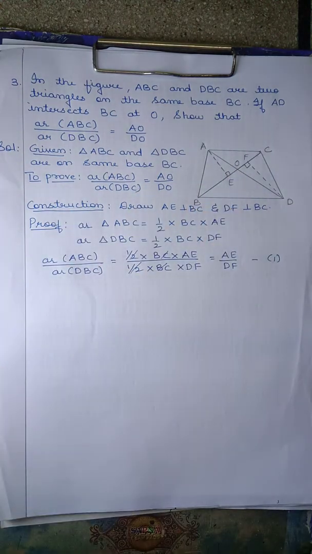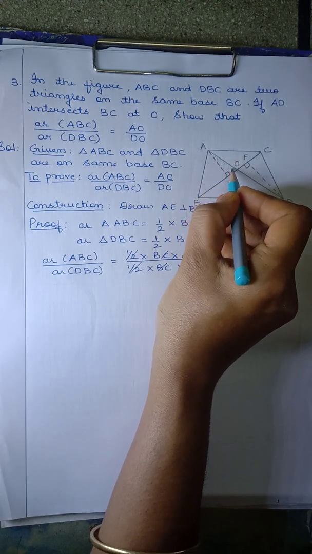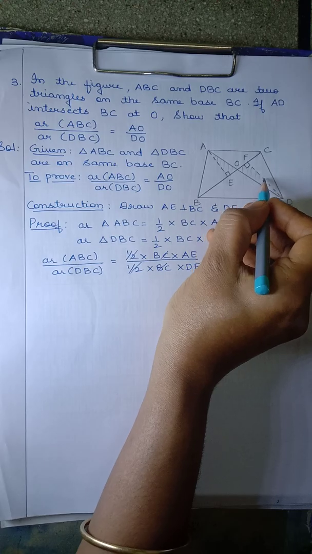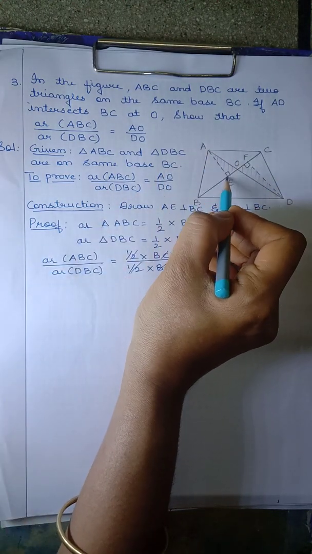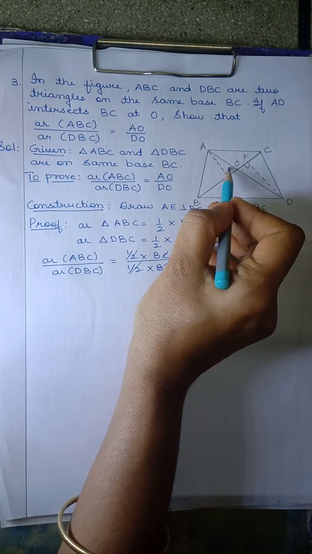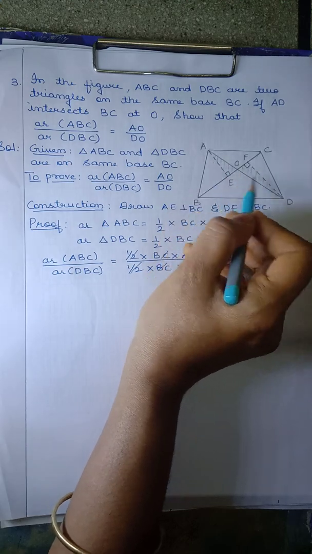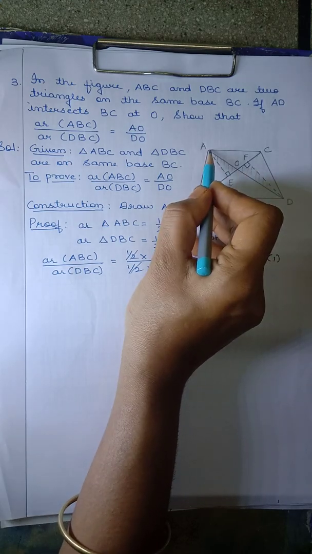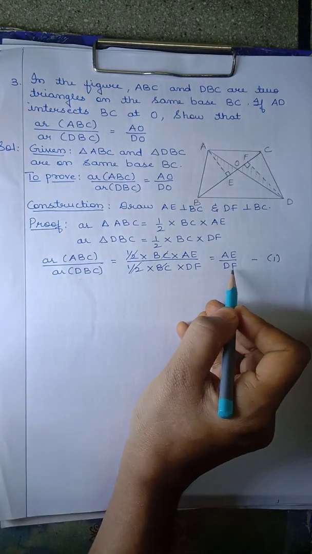Okay, so for that what we can do is, you can see these triangles. Let us prove these two triangles are similar, that is triangle AOE and triangle DOF. If we prove that they are similar, then AE upon DF will become equal to AO upon DO. So we can substitute in place of this children.